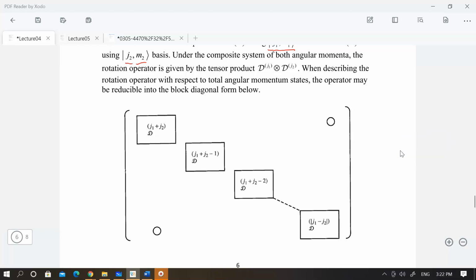So you can see that the addition of the angular momentum goes from the modulus of J1 minus J2 up to the maximum, which is J1 plus J2.